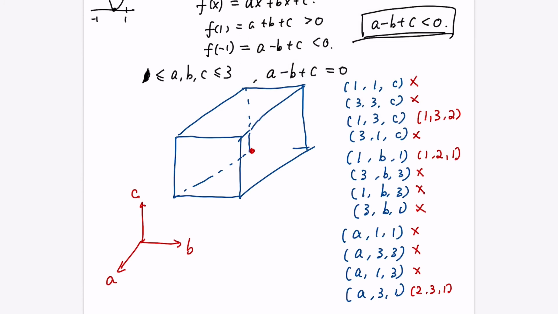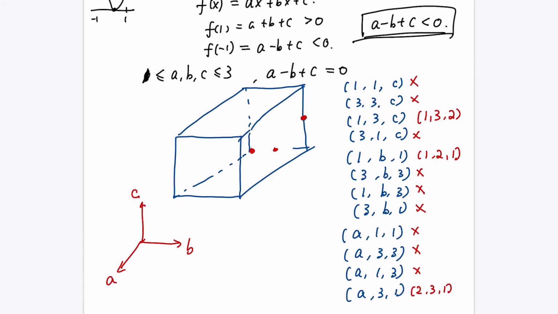Okay, so 1, 3, 2 means for A it is 1, but for B it's 3, so it has to be somewhere here, but then you have 2 here. So that's the first point, 1, 3, 2. And 1, 2, 1 means the point A is there and the C is there, so it's somewhere here. So that's 1.